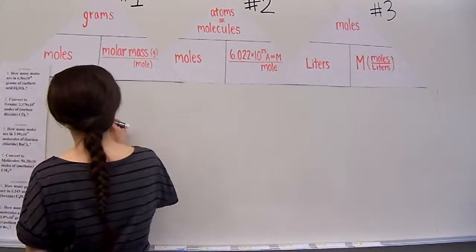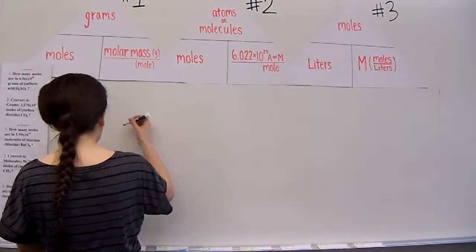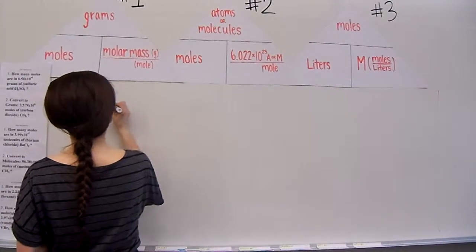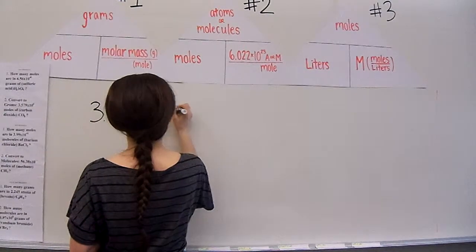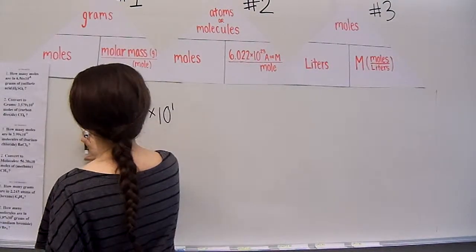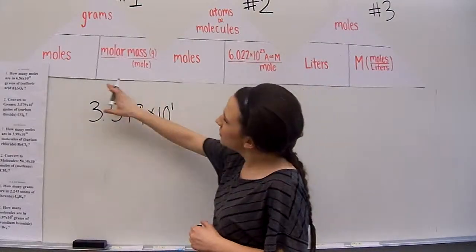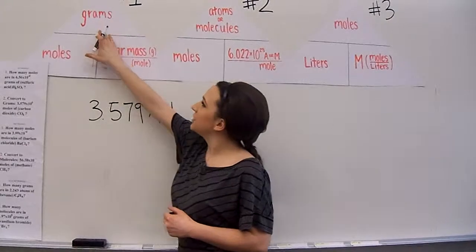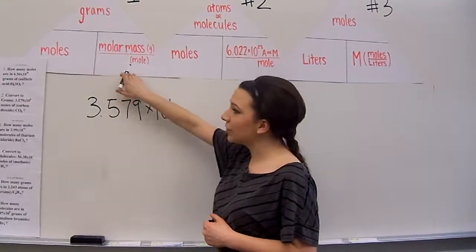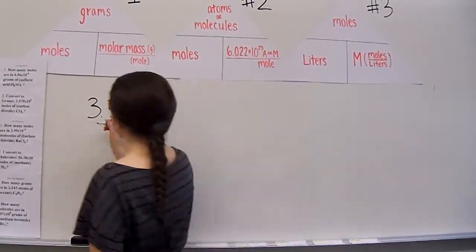And then we are given 3.579 times 10 to the first moles. And then you see, well, moles is on the bottom, so how do I get to the top? And then you realize you have to multiply it by the molar mass of CO2.